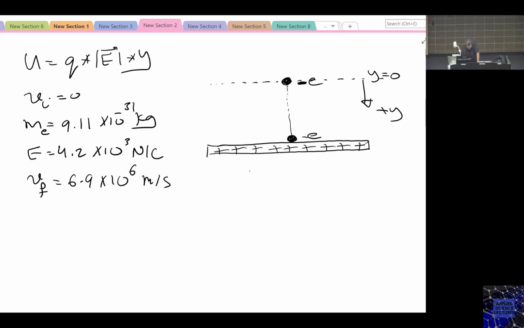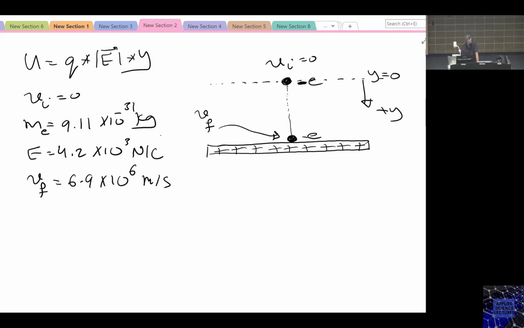Where is that VF? This is the VF. At this point, this is the final, and this is the initial. So this is VI.